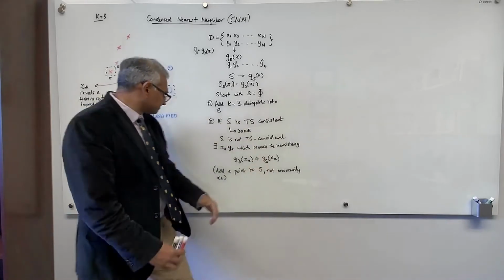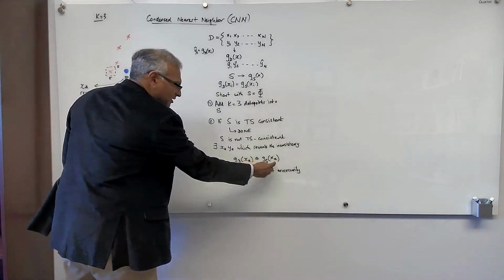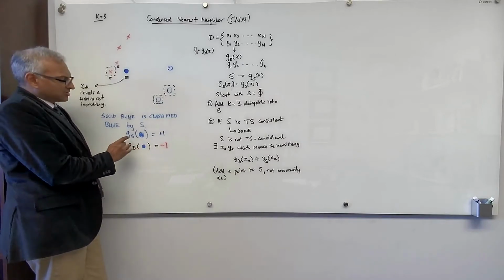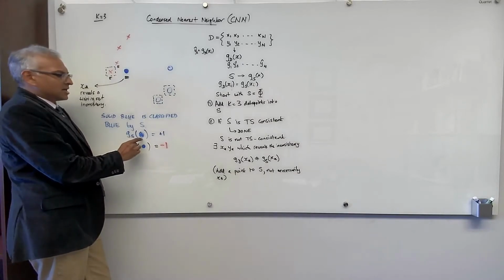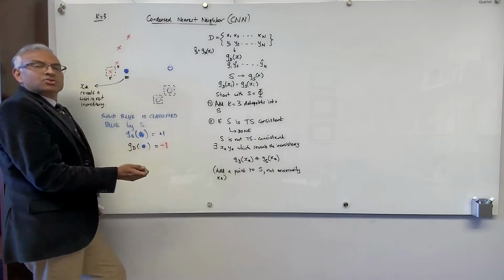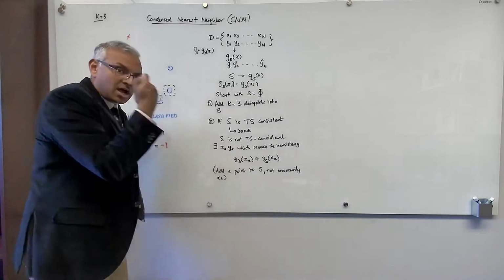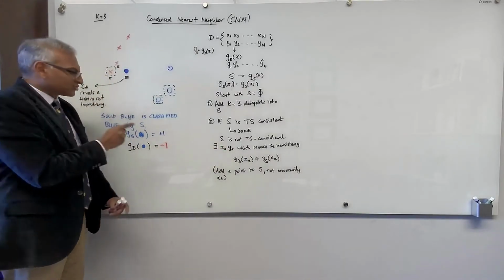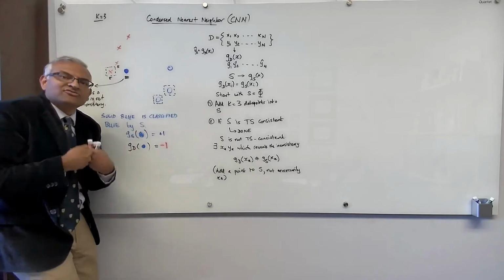In order to do that, we need to look at the nature of the inconsistency. S says that x star is plus 1, and D says that x star is minus 1. So the true classification of the point we add should be negative, because we're trying to get this point to be classified as negative.